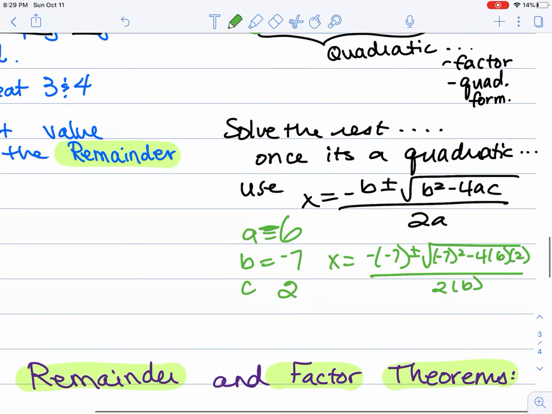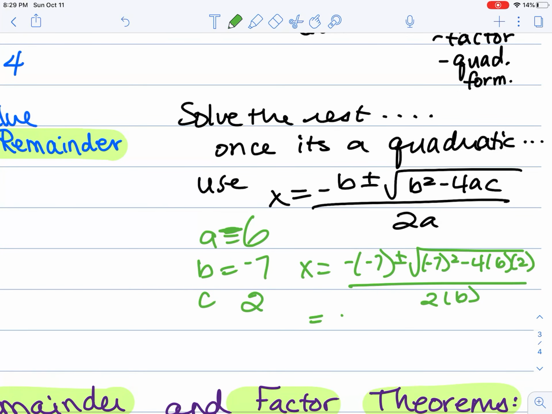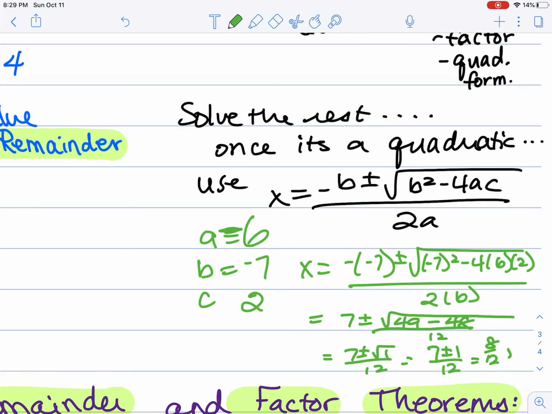And now we're almost done. We get 7 plus or minus the root of 49 minus 48 all over 12, which is 7 plus or minus the root of 1 all over 12, which is just 1. So we go 7 plus or minus 1 all over 12, which is 8 over 12, or 6 over 12.